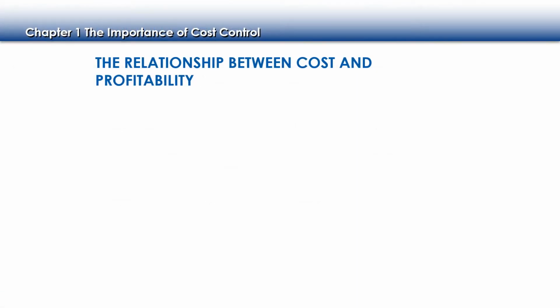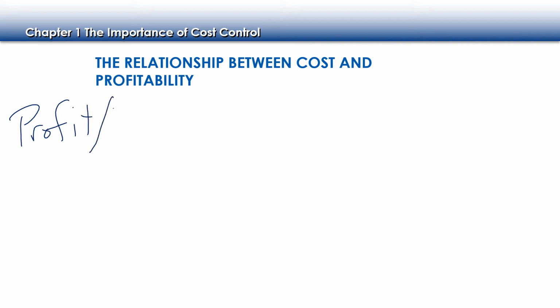All right, so our relationship between cost and profitability. If we can keep our costs low while maintaining the same level of revenue and sales, then our profit will go up. And we can look at that using this formula.